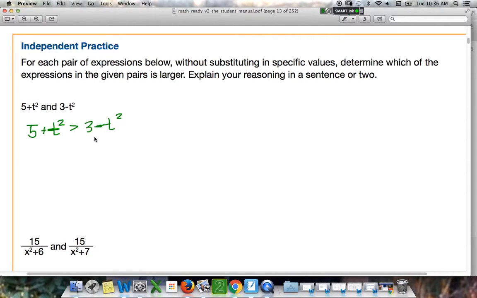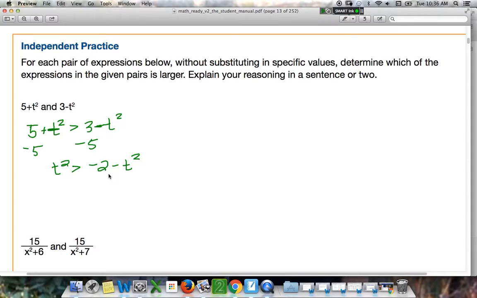Now this is a little bit different because nothing goes together over here easily. So you could combine like terms. So let's say if I subtract 5, I would get t squared is greater than -2 minus t squared.